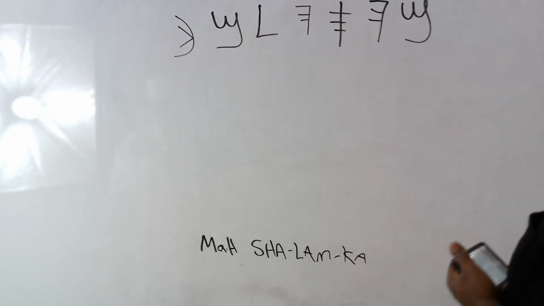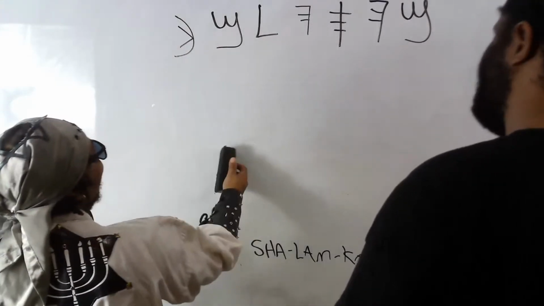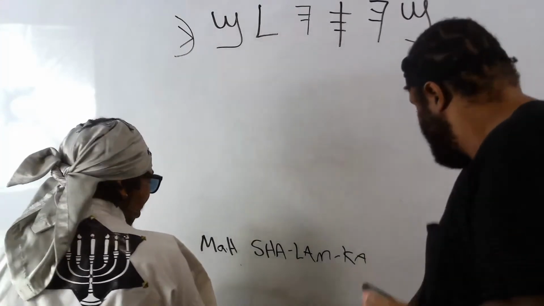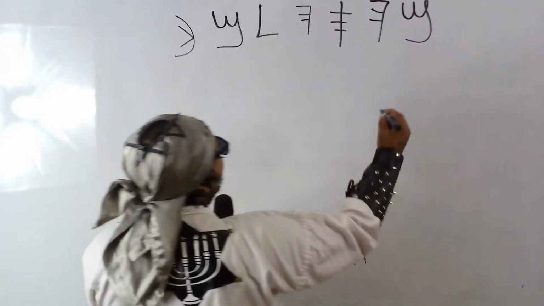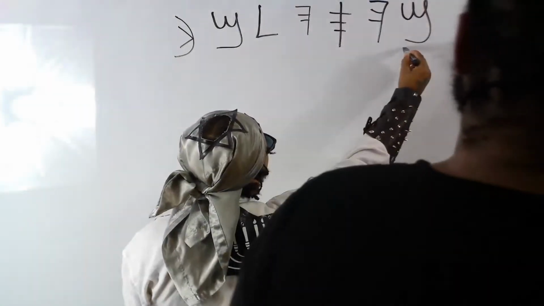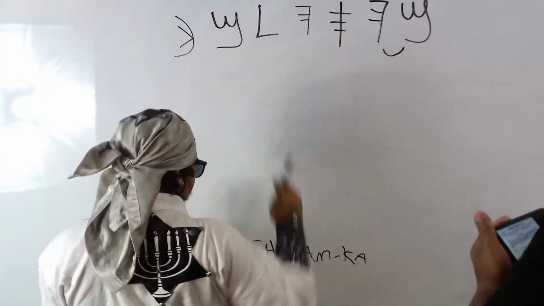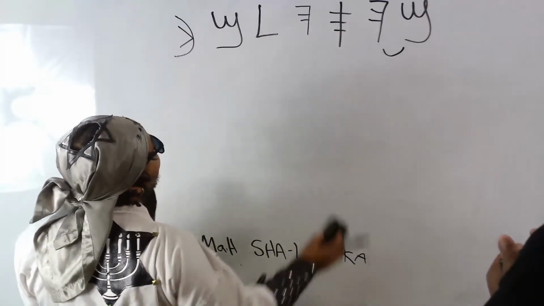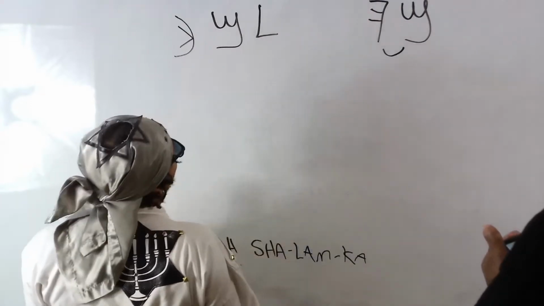All right, so get a trooper a hand. Let me give you a hand. All right, so now I'm gonna fix some of the things that you had wrong. So you had, this is correct, ma. This is supposed to be sha, right? Now everything else is good.